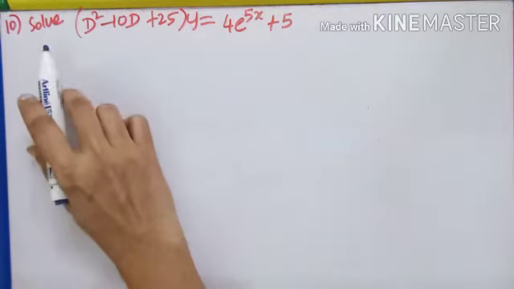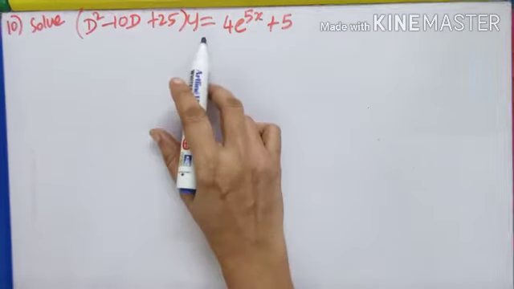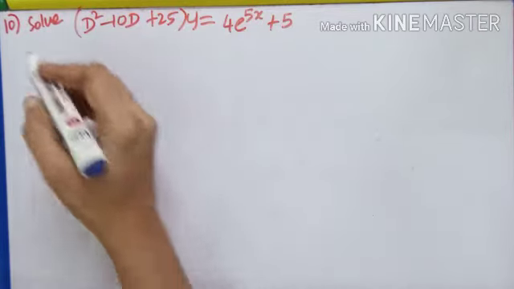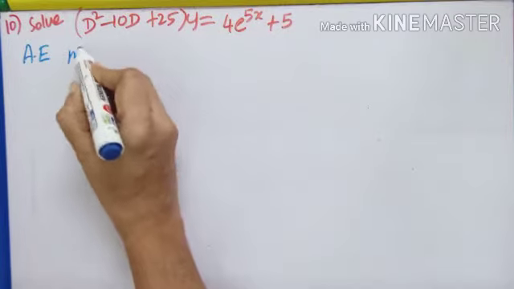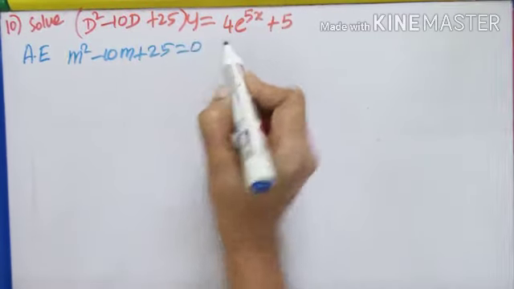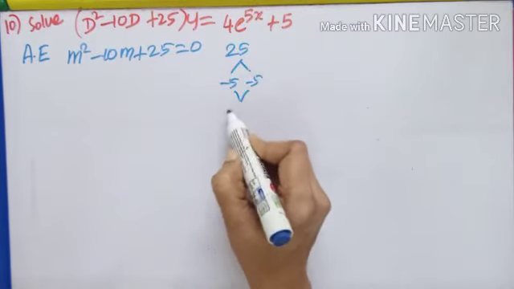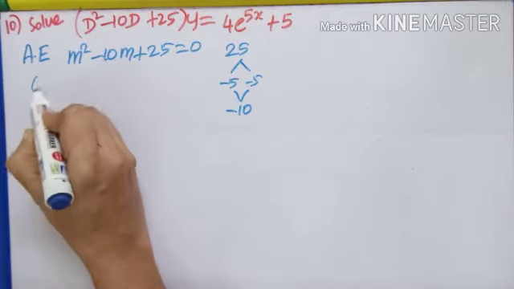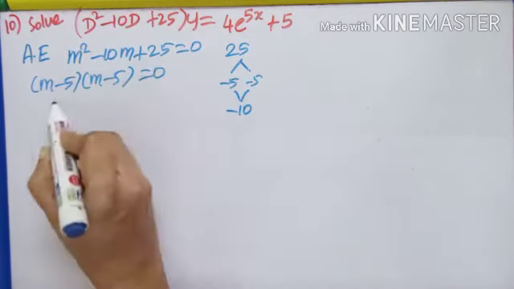Question number 10. Solve d square minus 10d plus 25 into y equals 4 e power 5x plus 5. So we proceed with the auxiliary equation. M square minus 10m plus 25 equal to 0. Factorizing, we get m minus 5 into m minus 5, that is 0.